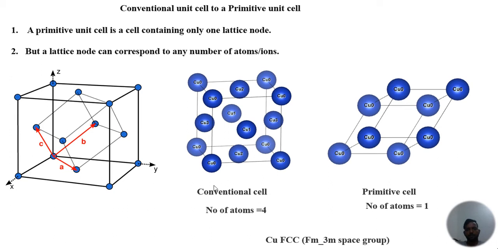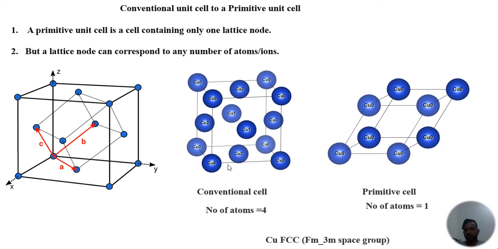If you consider a conventional unit cell of copper FCC, 8 atoms are at the corners and 6 at the faces. If you want to draw a primitive unit cell, you have to connect the face centers, this to this to this to this face. Then like this you can create an FCC-like primitive unit cell.